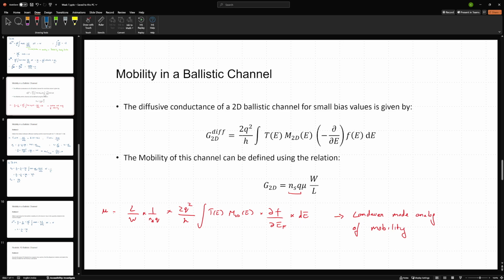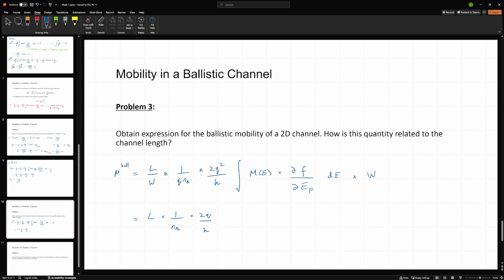So M2D is D of E, yes. So W times that. So there is a W in there already. Yes, no, this is correct. So we shall be left with this quantity now.